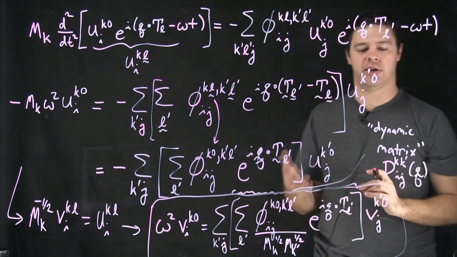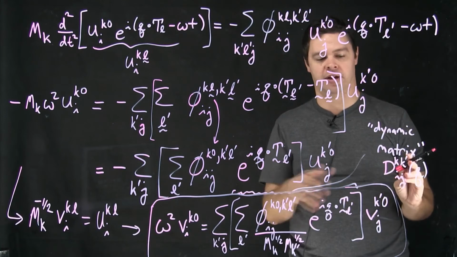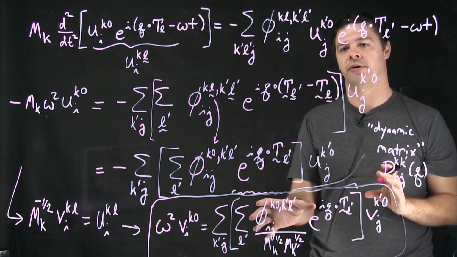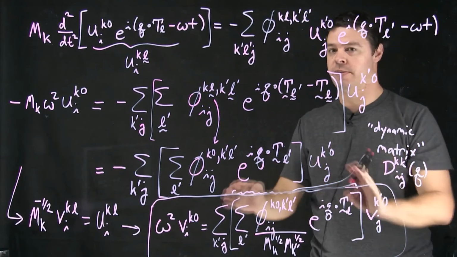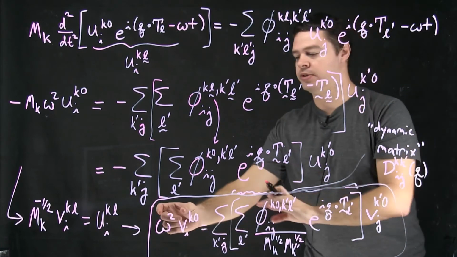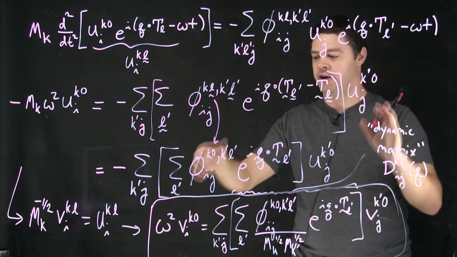For any particular value of Q, or wave vector, this thing just becomes a matrix of some values. So I have a matrix times a vector equals a constant times a vector. That is an eigenvalue problem for omega.